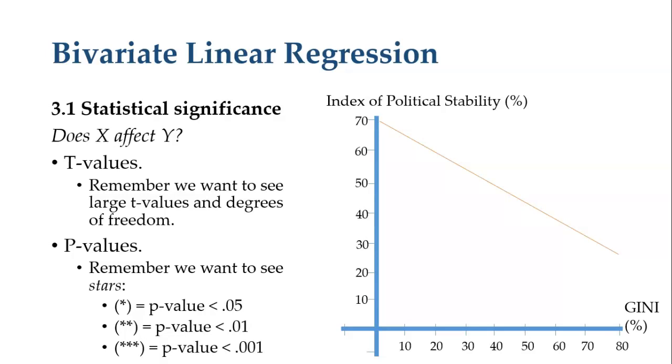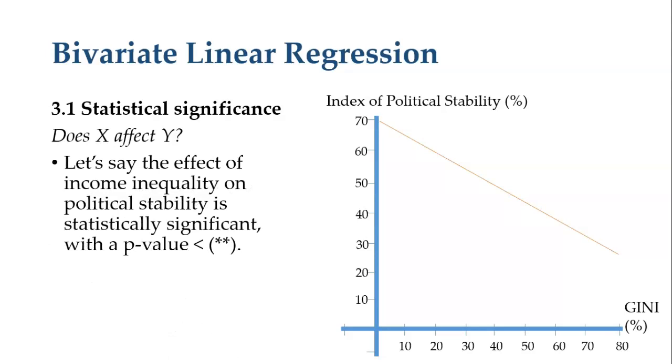We want to see stars, which means that the p-value needs to be smaller than 0.05, which means that the probability that the null hypothesis is correct is less than 5%, or 5 cases out of 100. And the more stars we see, the better. Okay?